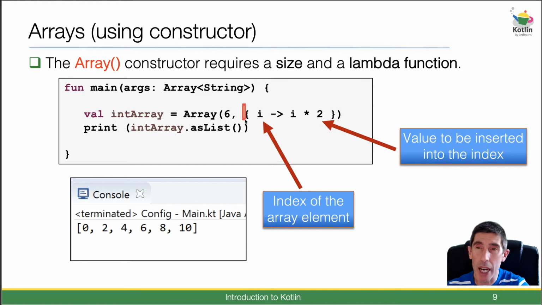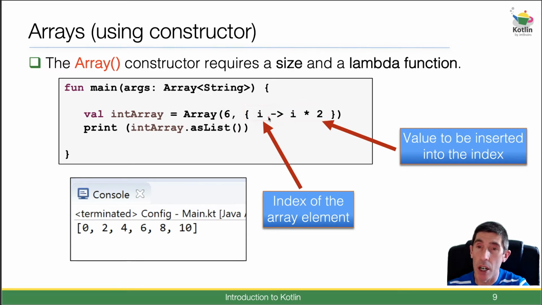We've seen this before. We haven't really talked about it in any great detail. We will focus on it in a lot of detail in the next section. But there's our lambda function, our lambda expression inside the curly brackets. There's the parameter that we're passing in, and there's the result, the expression body that we want returned. So in this example, we would create 6 elements with the result of that expression.